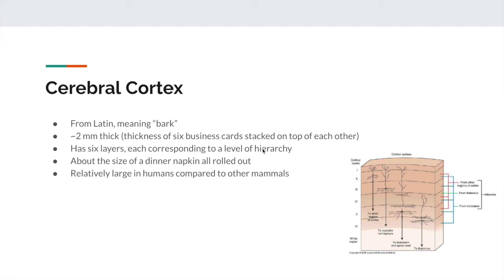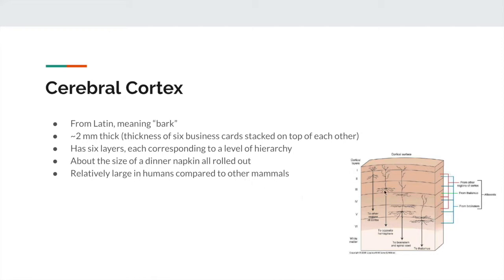We won't get into that now, but we might get into it later. It's about the size of a dinner napkin, and as I mentioned before, it is relatively larger in humans compared to the proportional size of this area of the brain in other animals. So it is responsible for a large part of our intelligent behavior.